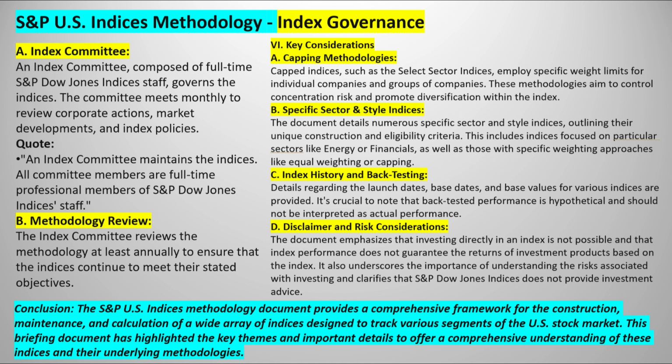Exactly. And this capping is especially important for those select sector indices because some sectors are just naturally more concentrated than others. Like, think about technology. A few mega-cap companies make up a huge chunk of the entire sector's value. Without capping, those tech giants would be playing with loaded dice, basically.